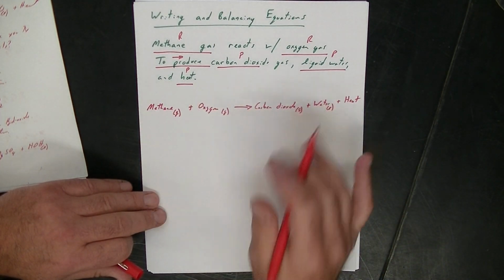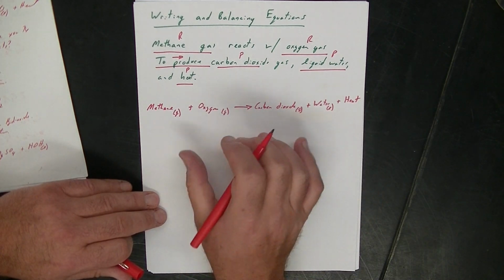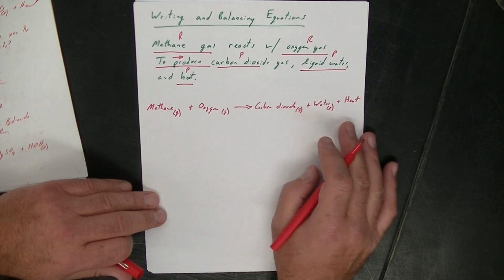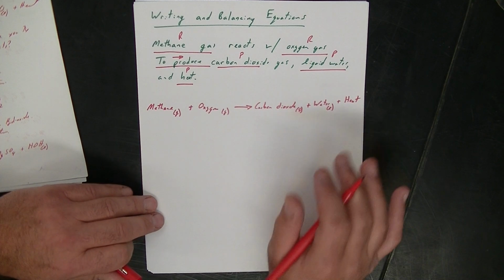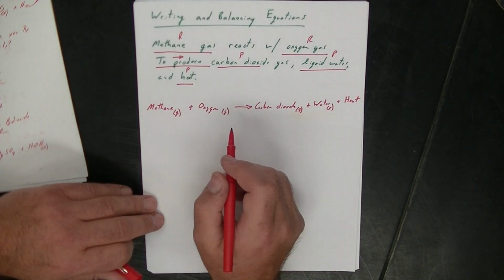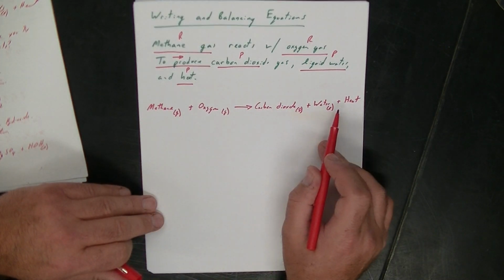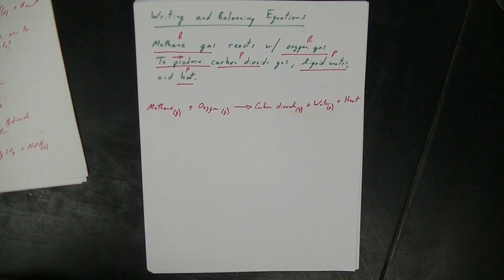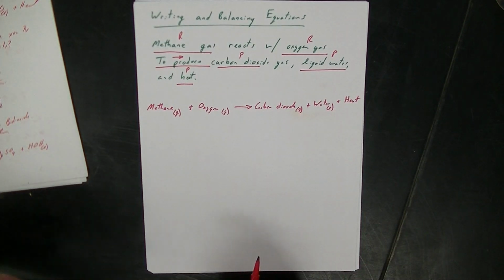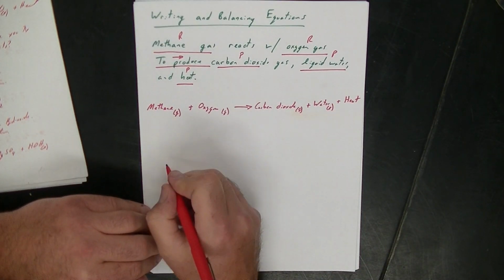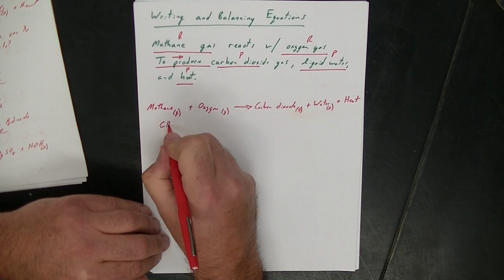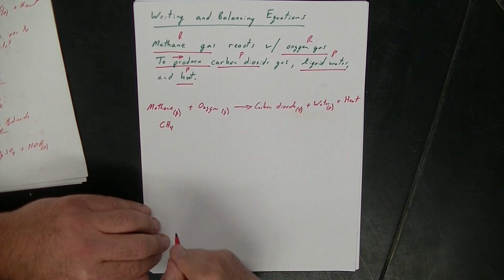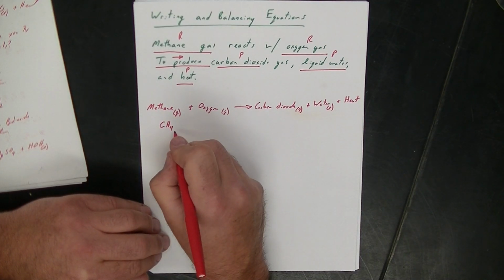Now, we can take that word equation and come up with our chemical formulas and write the chemical equation. Methane, you may or may not know what methane is yet. Methane's an organic, and we'll do organic later on in the year, but the formula for methane is CH4. If you know the phase, you need to include it.